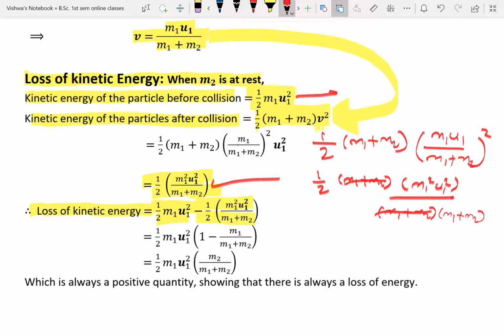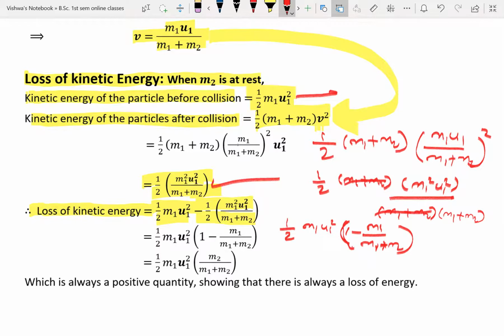From these two terms, m1 u1 square is common. Take m1 u1 square common, then here remains only 1 minus, and in this term the remaining is m1 divided by m1 plus m2. Now take the LCM, m1 plus m2, from the bracket.